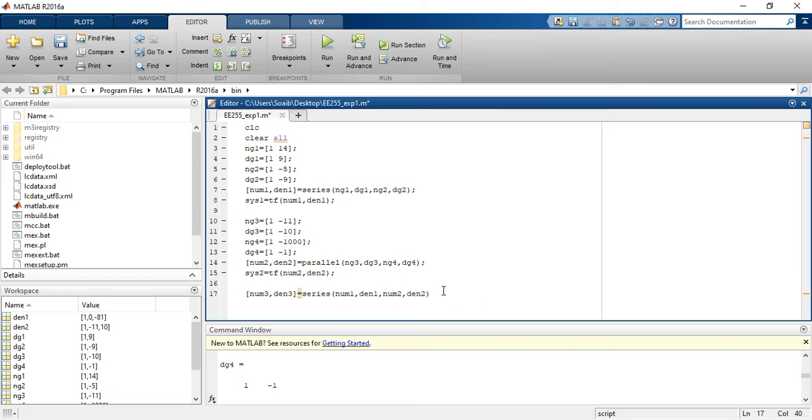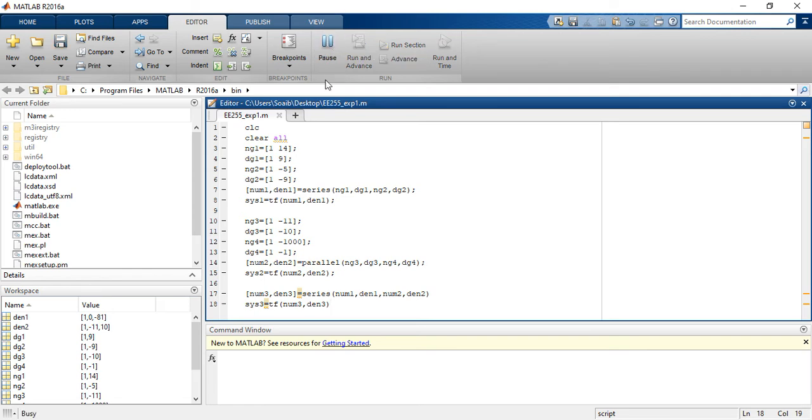Done. I want this answer as system 3 is equal to tf of num3 comma den3. Now again I will be running it.